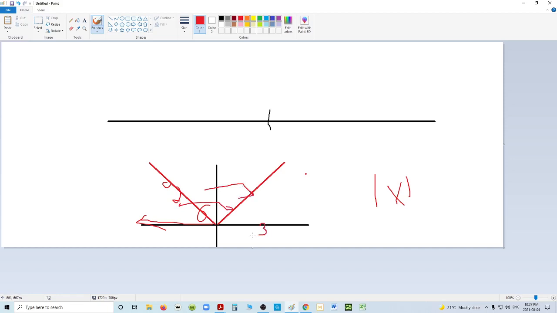So if it's 3 or minus 3 for x, the y value is still going to be positive 3. So it makes sense, which means that wherever the vertex is, the distance to the x value is always going to be the same, and it's always going to be represented as an absolute value.